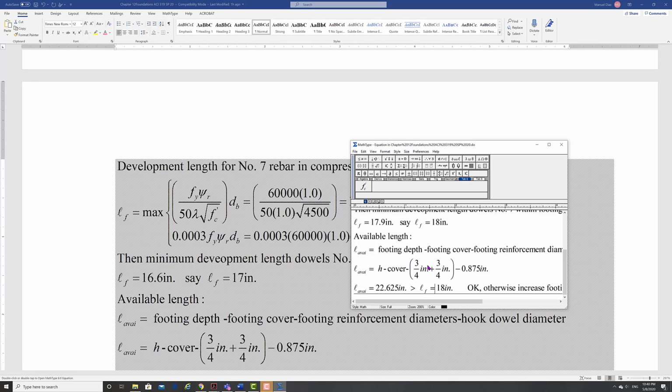This is one of the bars, this is the other bar, so second layer. And this one is your dowel, the hook. The hook doesn't count, so you have to stop before the hook. That's what we're subtracting here. That's your number 7 bar. So number 6 bar, number 6 bar, number 7 bar, because of the hook.